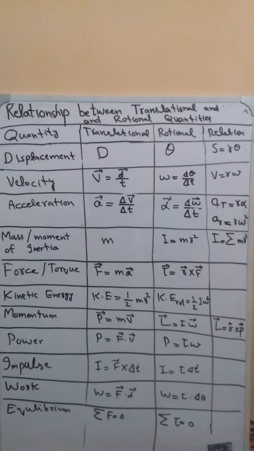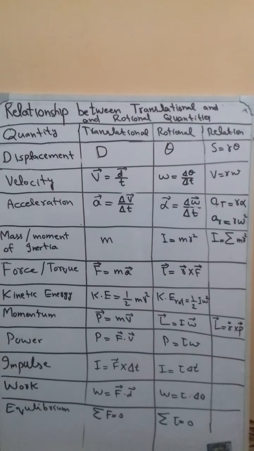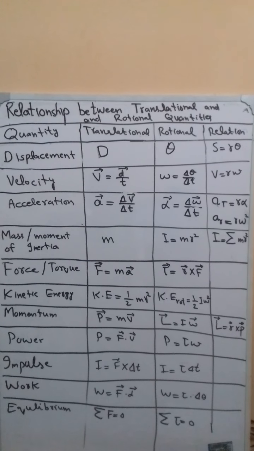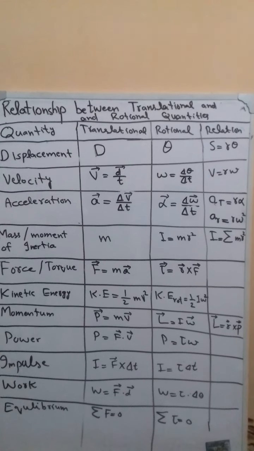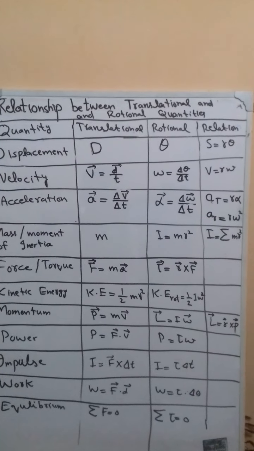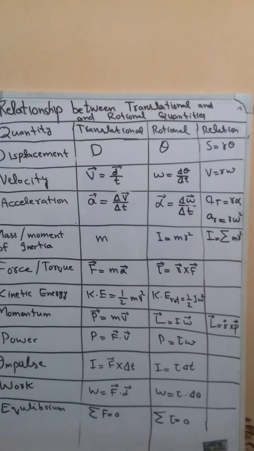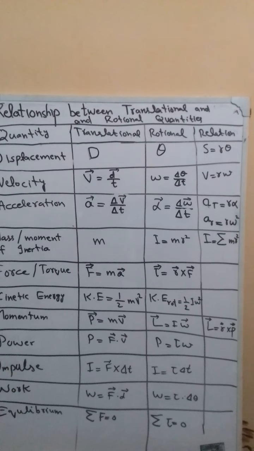Next quantity is acceleration. Acceleration is defined as the rate of change of velocity. In rotational form, it is defined as the rate of change of angular velocity.